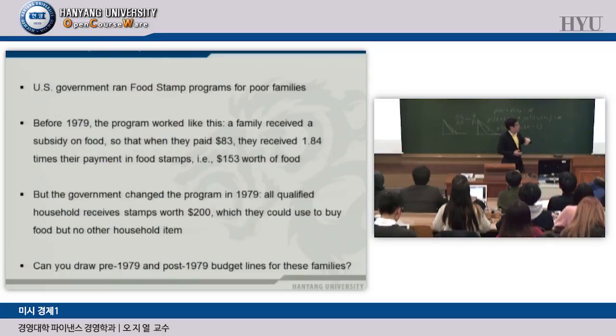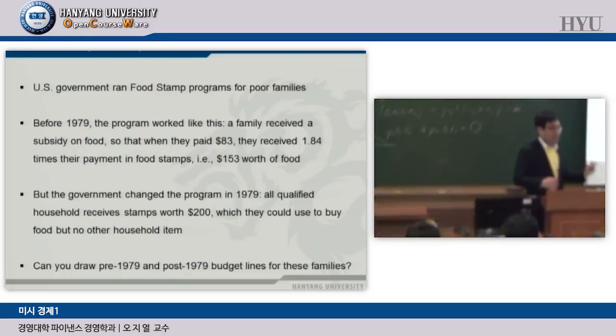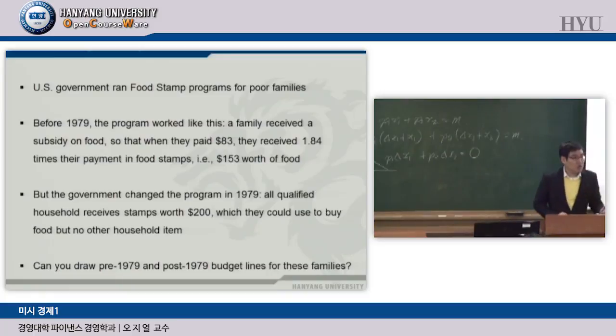But you didn't have to pay exactly $83, okay? You can choose up to any amount of $83. For example, you could buy $40 of stamps only. You might decide to spend the other $43 on something else. The government didn't prevent you from that.